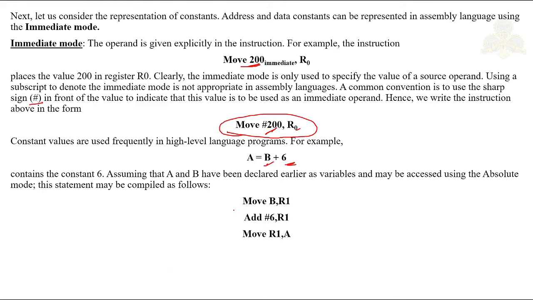We can write move b comma R1, so the contents of b will be placed in R1. Now add hash 6 comma R1, that means add 6 to the content of R1, which is nothing but the content of b. Now move the sum to a. So this is a snippet for a is equal to b plus 6.